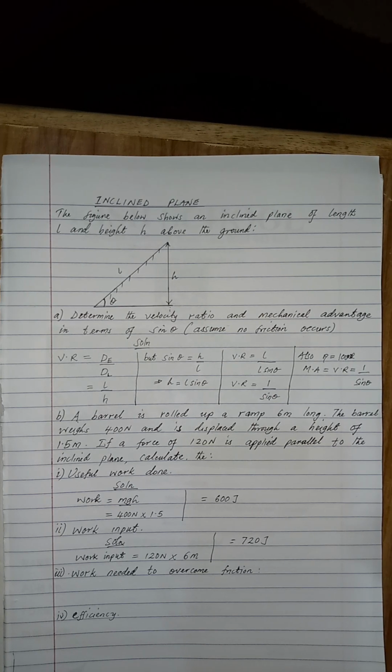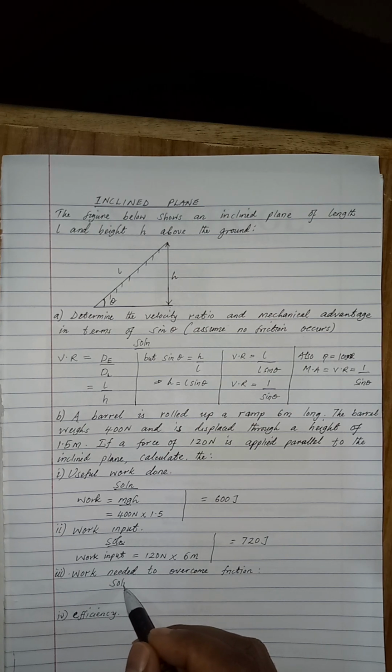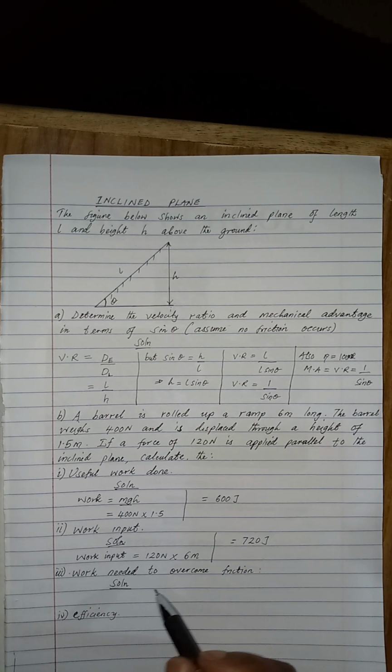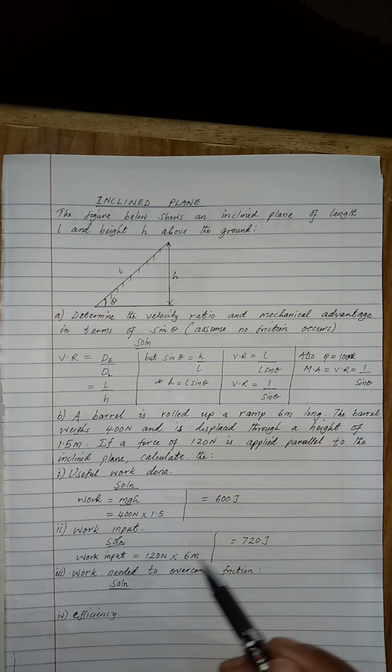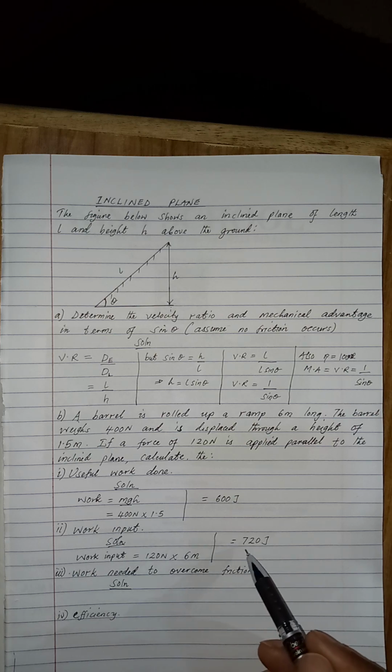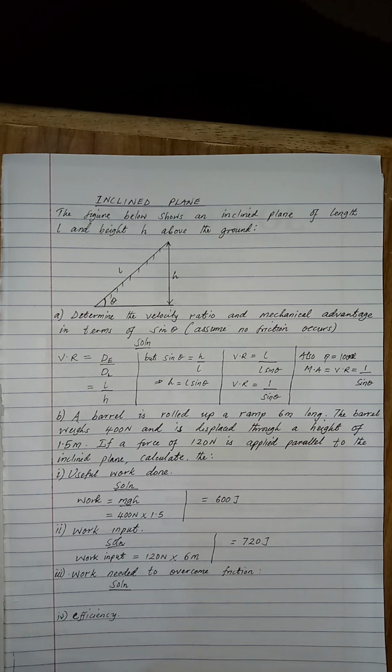Next, work needed to overcome friction. Work needed to overcome friction is just the difference between work input and work output.